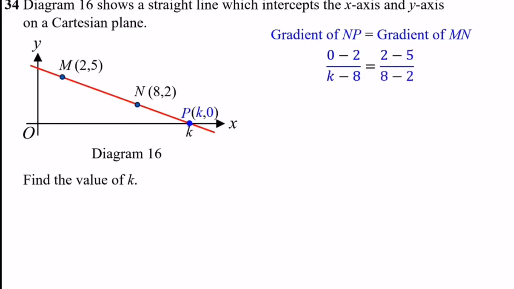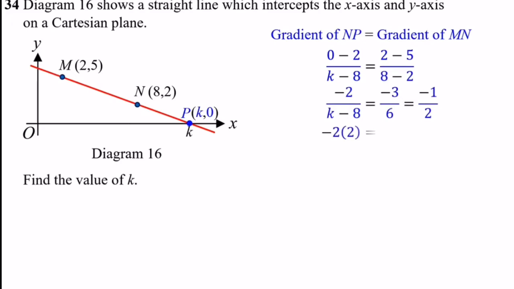Be careful when you solve because it involves negatives. So you have negative 2 over k minus 8 is equal to negative 3 over 6, which is negative 1 over 2 if you simplify. Finally, you cross multiply carefully.